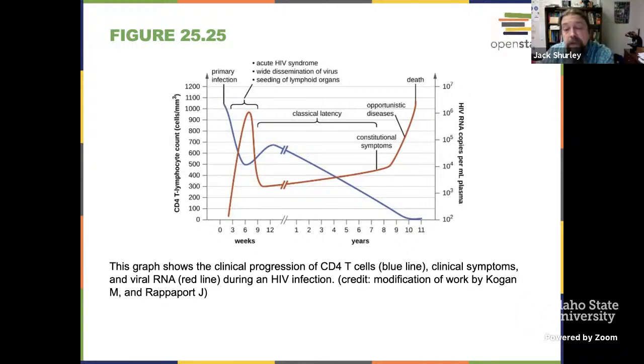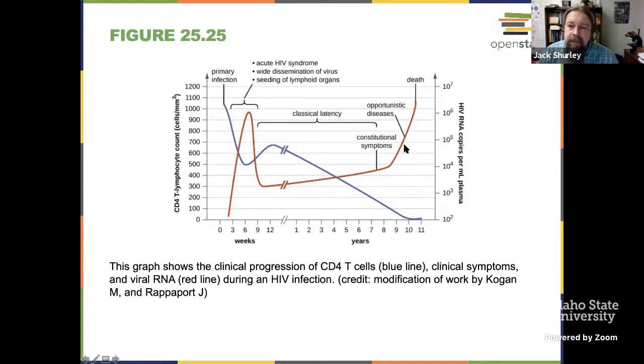plaguing these individuals, handfuls of infections that we've already mentioned, where, if you have a weakened immune response, these are bad news. And if you've got a competent response, maybe you're asymptomatic. You don't even recognize any ill effects whatsoever. So these are the opportunistic diseases.